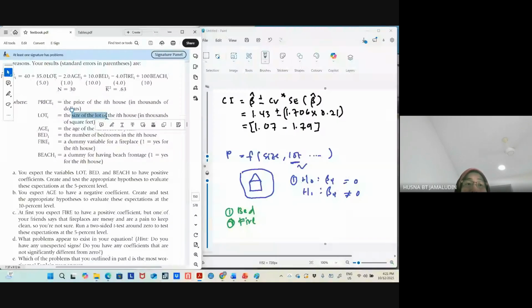So that's why bed is not significant, because the lot has explained the bed. They are referring to the size of the house. Although bed is telling something else, they are actually measuring the same thing, the size of the house. That's why bed is not significant. Bed and lot have a multicollinearity issue. That's why bed is not really significant here.